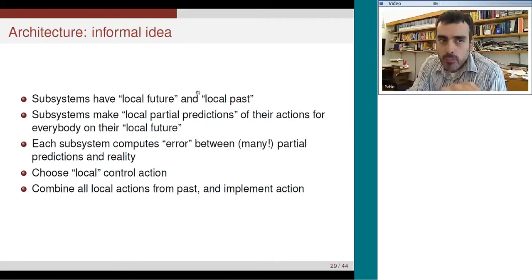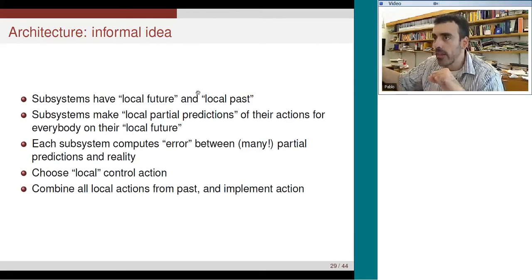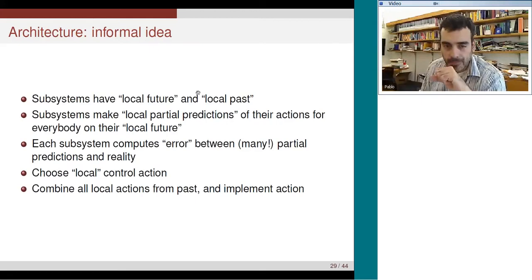And let me try to explain the informal idea of the architecture, and I'll give you the equations in a second. Every subsystem in there will have this notion of local future and local past. Things in the future are the subsystems that I can affect. Things in my past are all the subsystems that can affect me. And there may be some other ones that are incomparable, where there are no interactions between us.